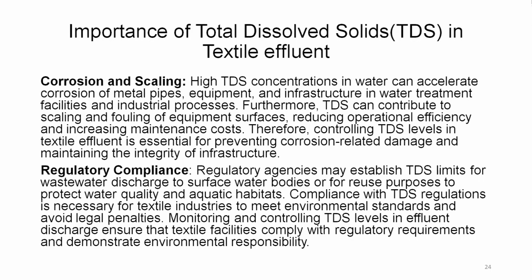Therefore, keeping a good control of TDS level in textile effluent is essential for preventing corrosion related damage and maintaining the integrity of infrastructure, because these infrastructures are very costly. They are a one time cost expense for the textile manufacturers when they are setting up their unit, and if they get corroded, then they will need to be replaced. So, that is additional cost then.